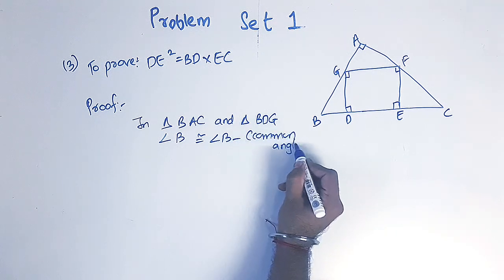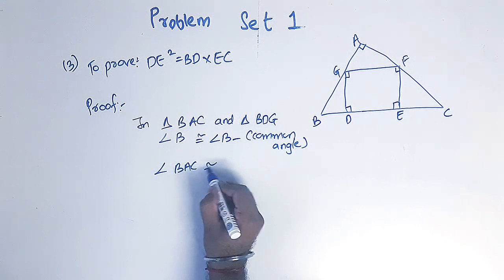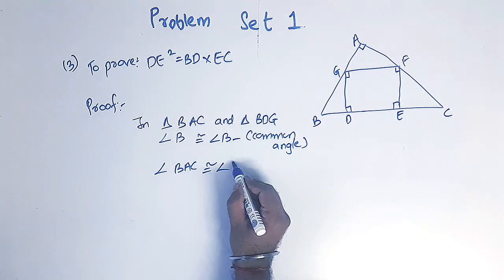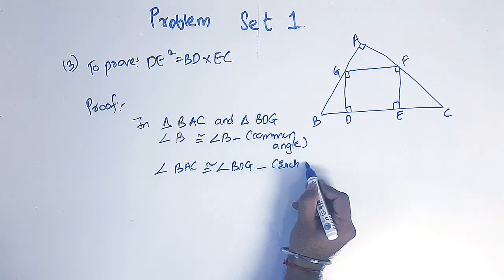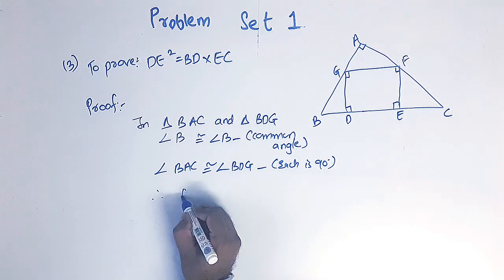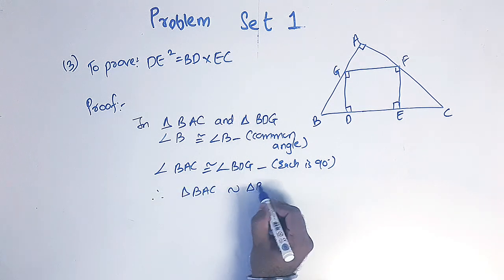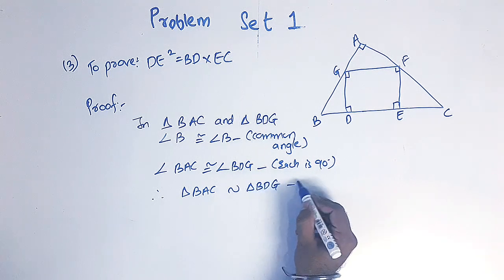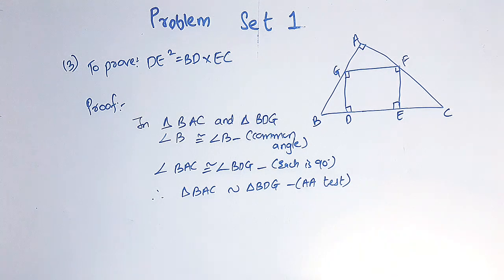And you can see angle BAC is congruent to angle BDG, each is 90 degrees. So triangle BAC is similar to triangle BDG, we proved this by AA test.